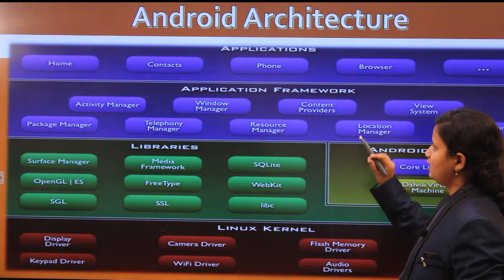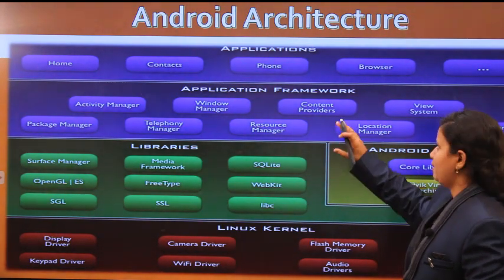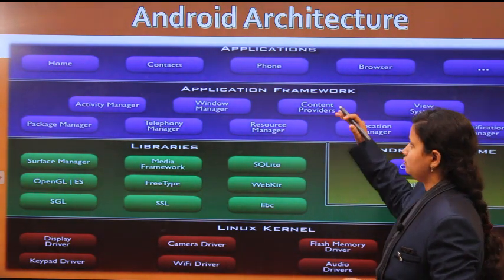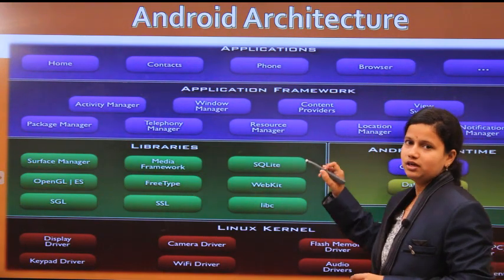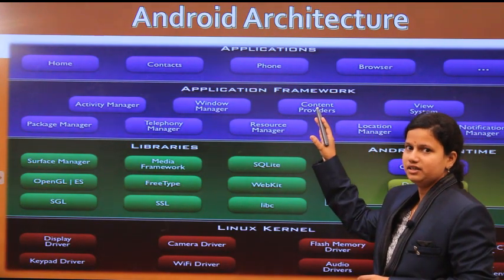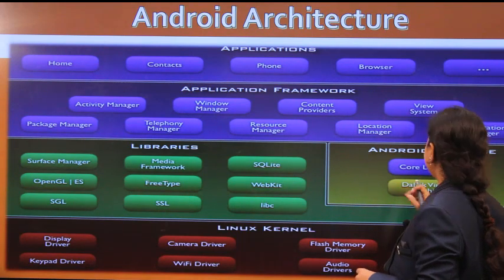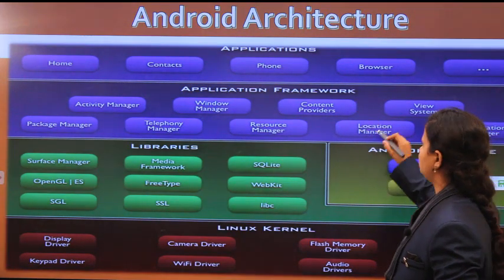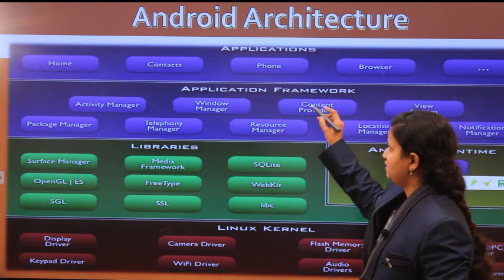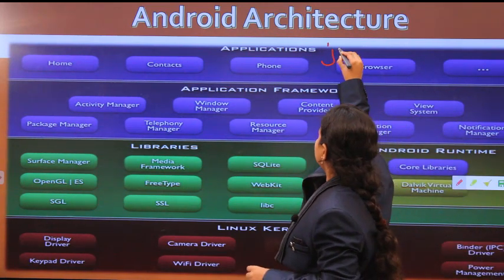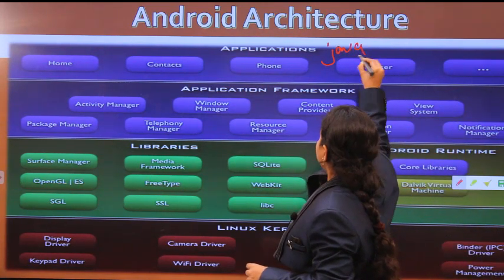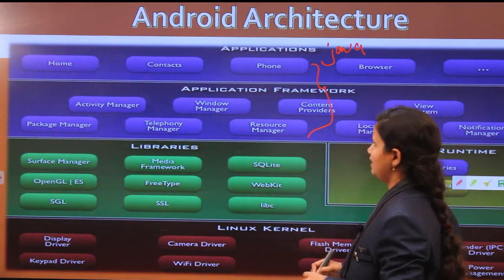When you observe the applications and application framework, these are the top 2 layers. The top 2 layers are presented in blue color. Why? Because the blue color indicates that these two are developed by using the Java language.